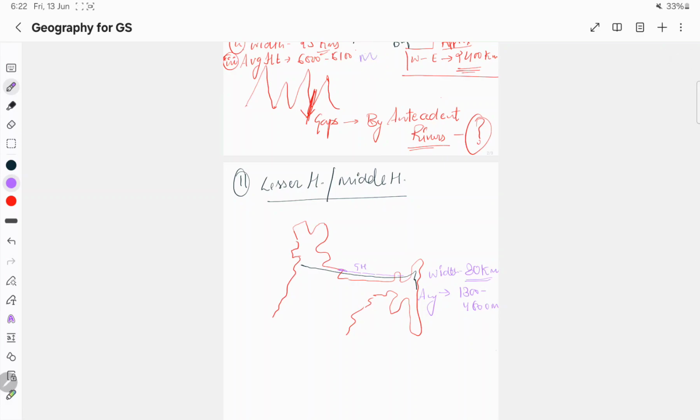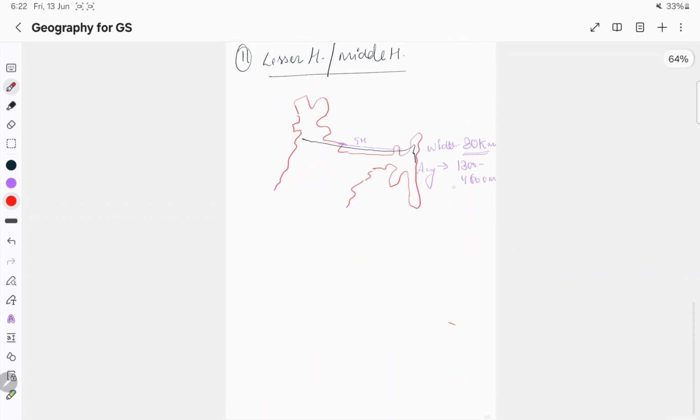And the average height of the Greater Himalayas was 6,000 to 6,100 meters, and we have just 1300 to 4600 meters. Not much, right? So this is the core thing about it.